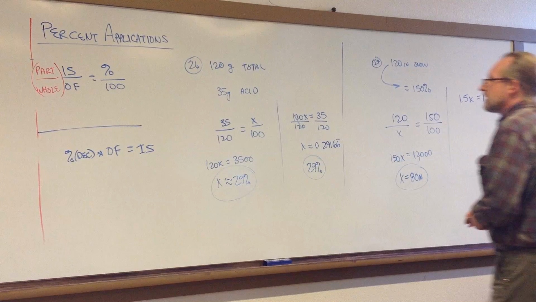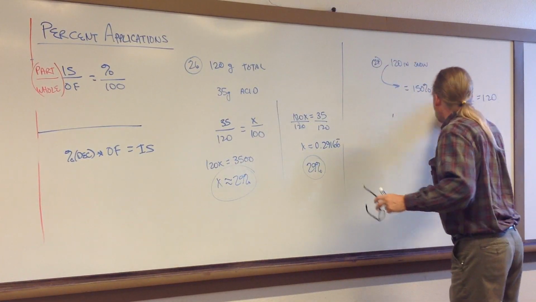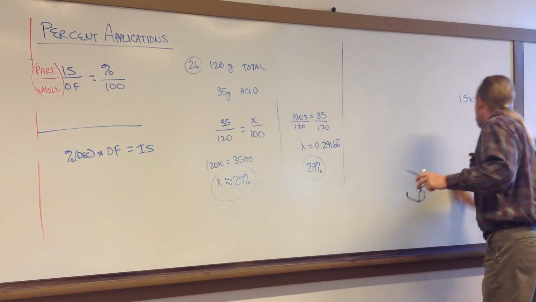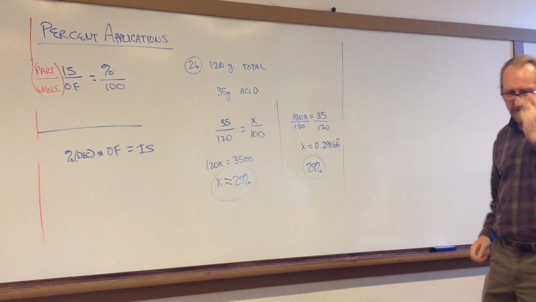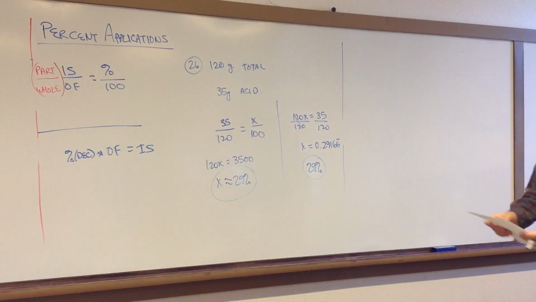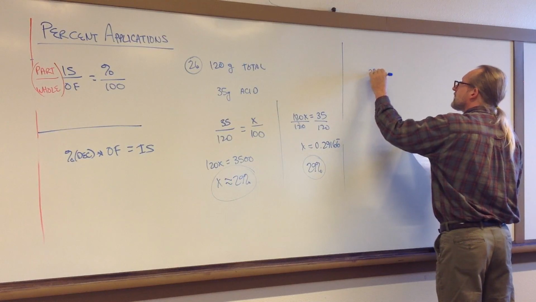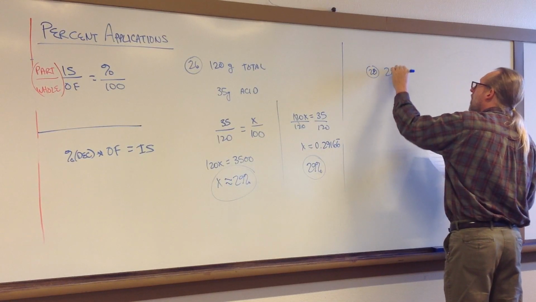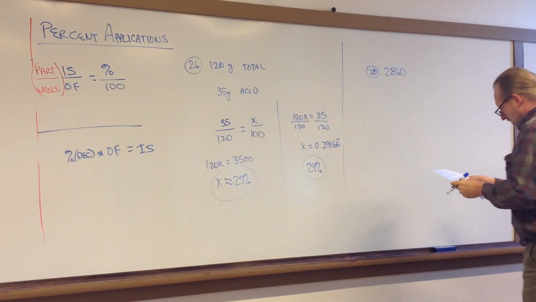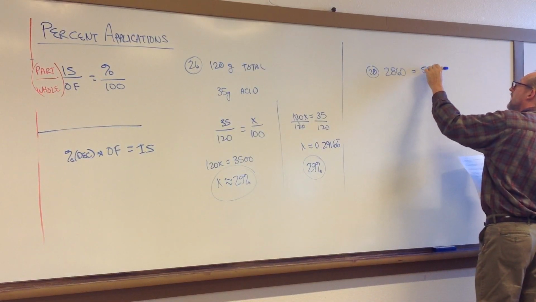All right, let's look at one more problem here. Problem 28, Ms. McShane received 2,860 votes in an election. This was about 58% of the votes cast.